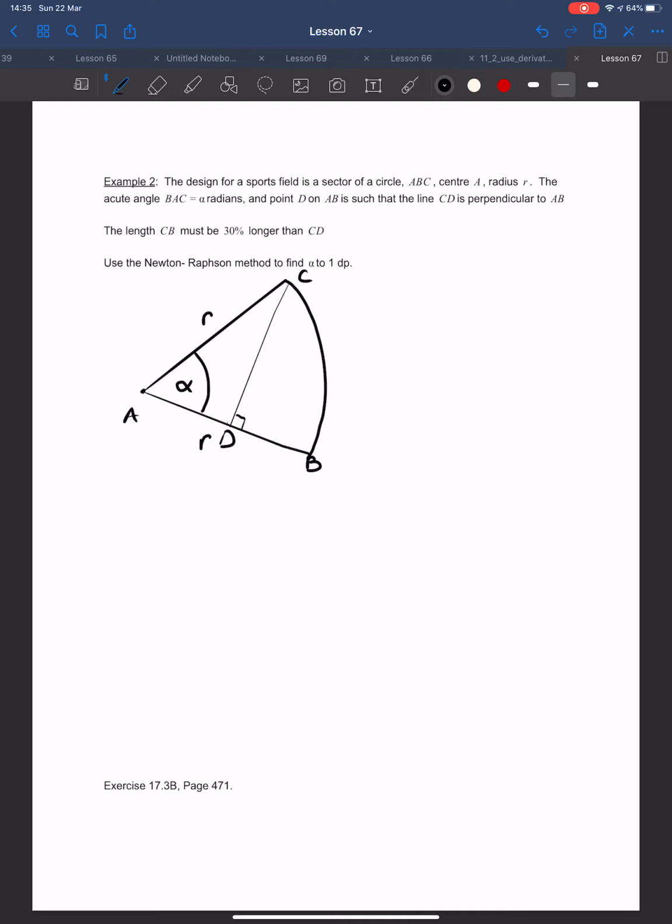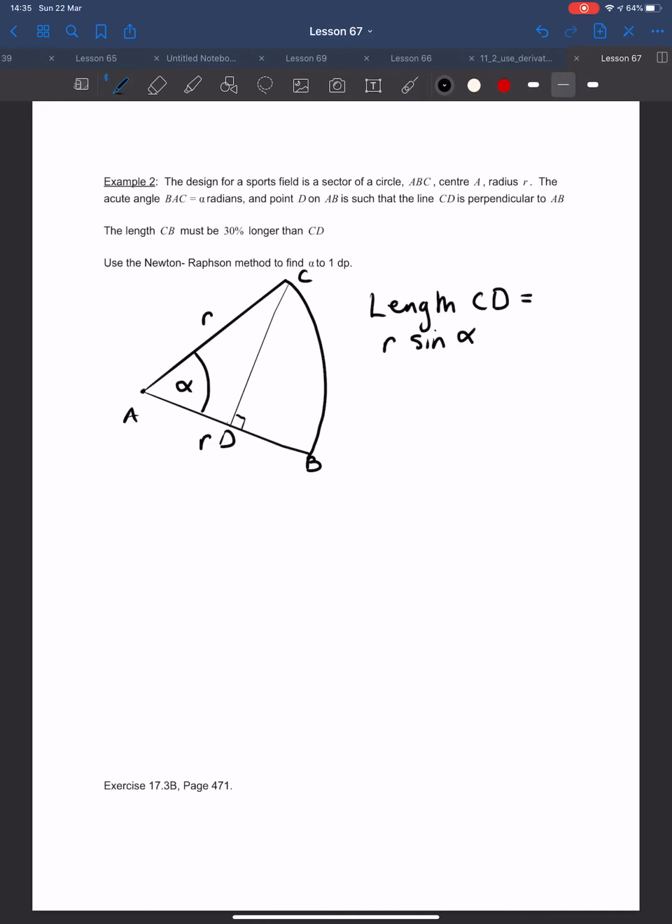The length CB must be 30% longer than CD. Okay. Right, so we know that the length of CD is going to be R sine alpha, because CD, this line here, is opposite this angle.